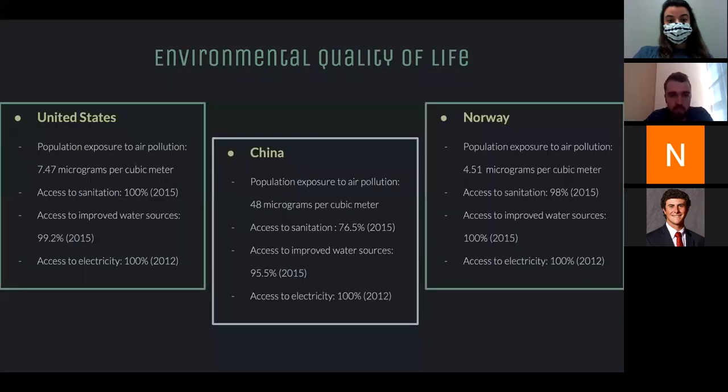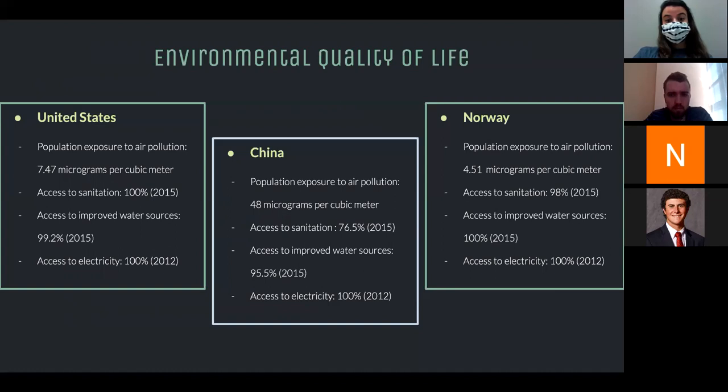And then moving on to the environmental quality of life. When discussing the overall quality of life, the United States has really tried to improve this on all fronts, while Norway has tried to do the same. China, on the other hand, has done nothing to cut down on the extremely high level of population exposure due to air pollution at a staggering 48 micrograms per cubic meter.